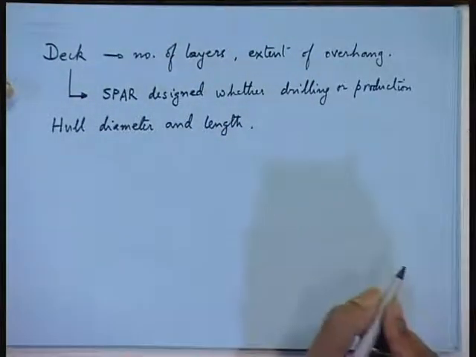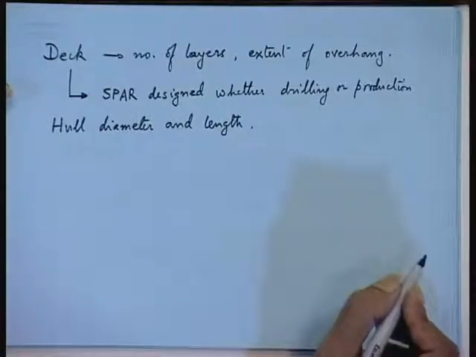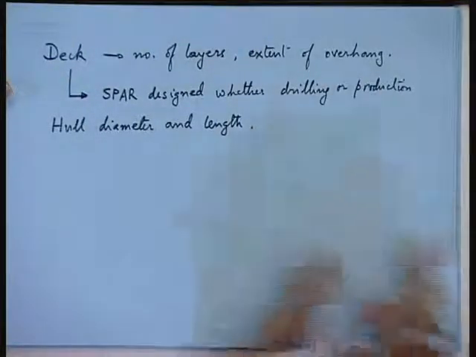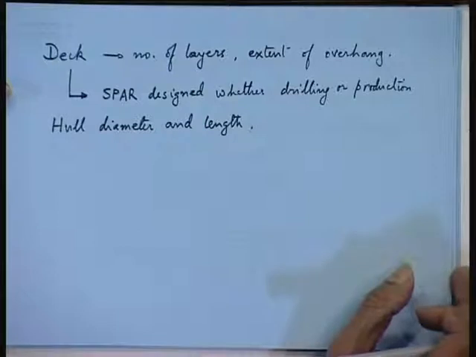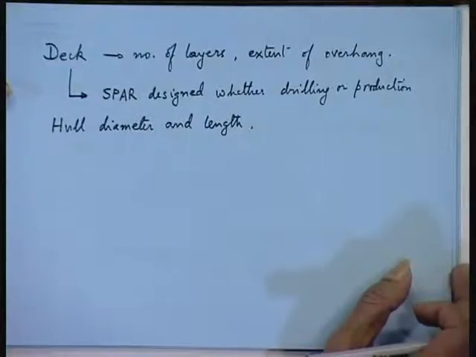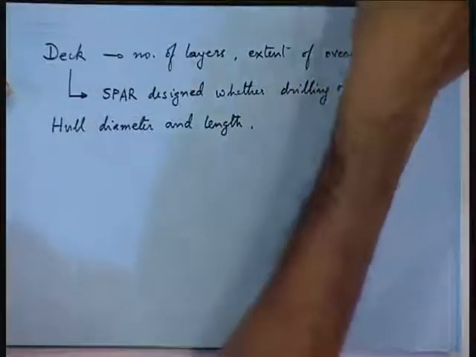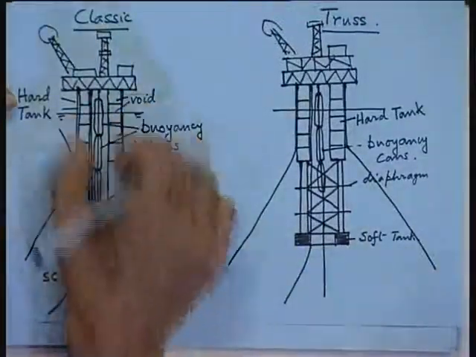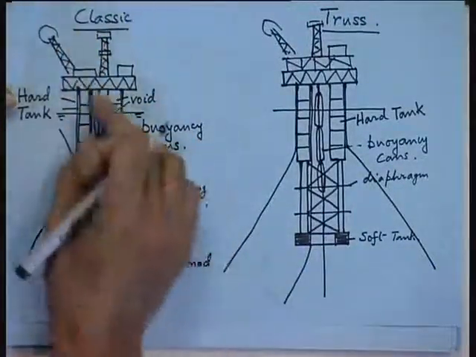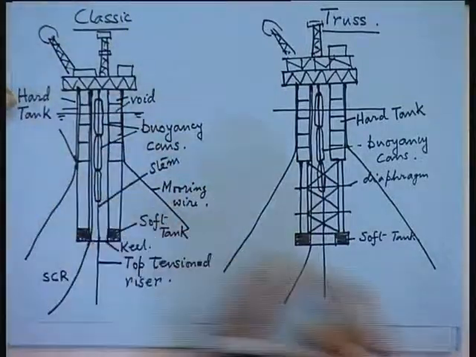Basically your spar platform, the size has increased with the requirement of your oil production, but of course the geometry is more or less similar. Now, you will find that instead of having this one tank, you can have a number of cylinders and join them together.